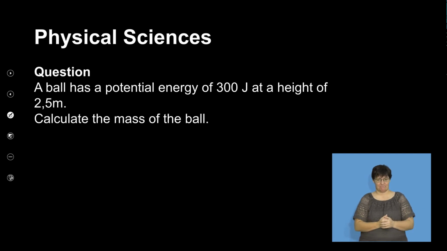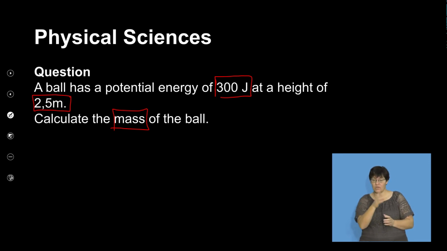A ball, ooh, now they're changing things up a little bit. Now they tell you a ball has a potential energy of 300 joules at a height of 2.5, and I want the mass. Now, look at that value. 300 joules is small.